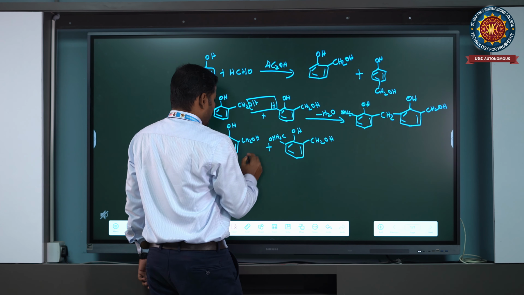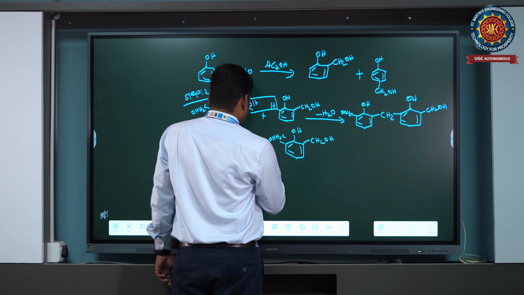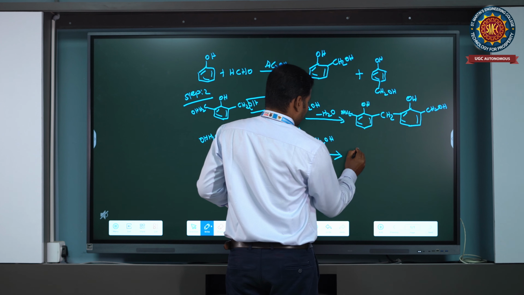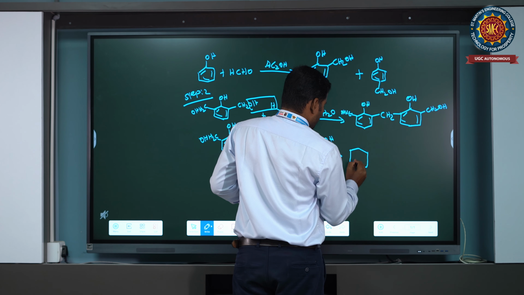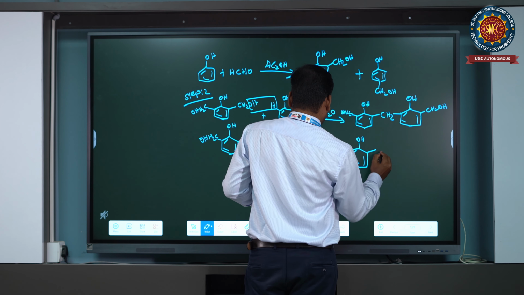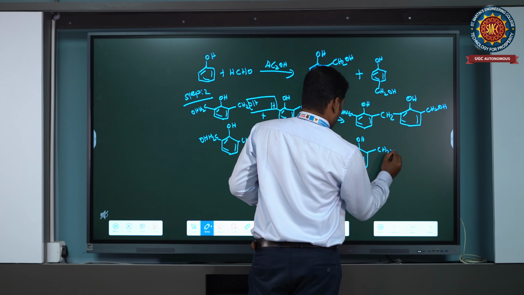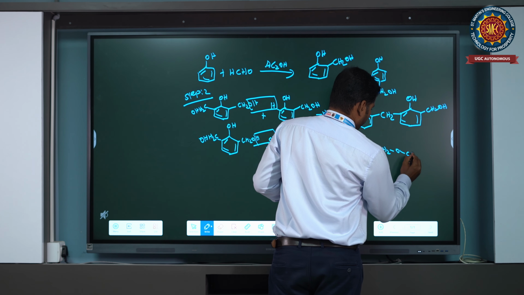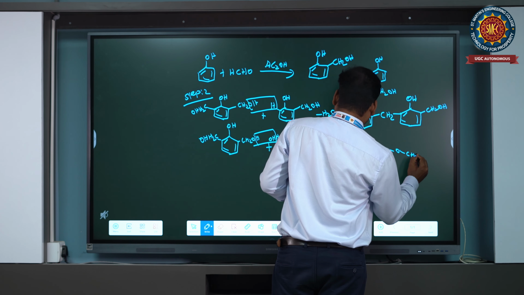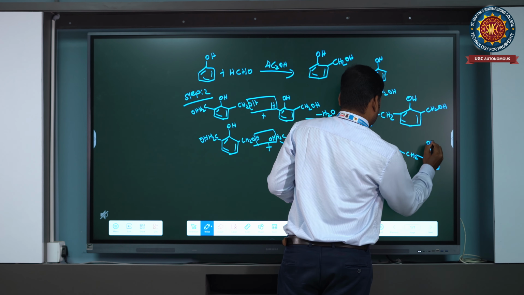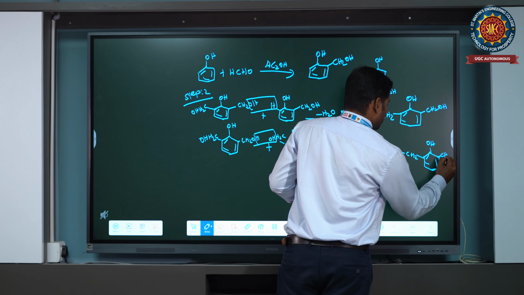With this removal of water molecules, an ether linkage forms. It is called resol. OH CH2 OH.